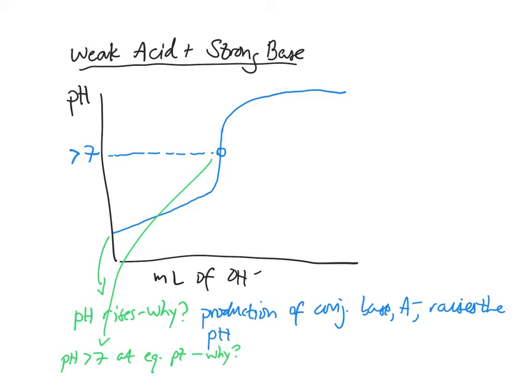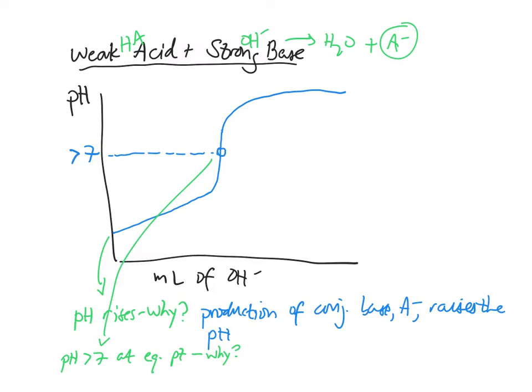Why? Well, again, what's left at the equivalence point, we'll talk about this more in just a moment: there is no weak acid, HA, there's none of that left anymore. There's no OH- anymore. They've reacted with each other perfectly, and when they react with each other perfectly, what you get is water and A-. And A- is indeed a conjugate base.